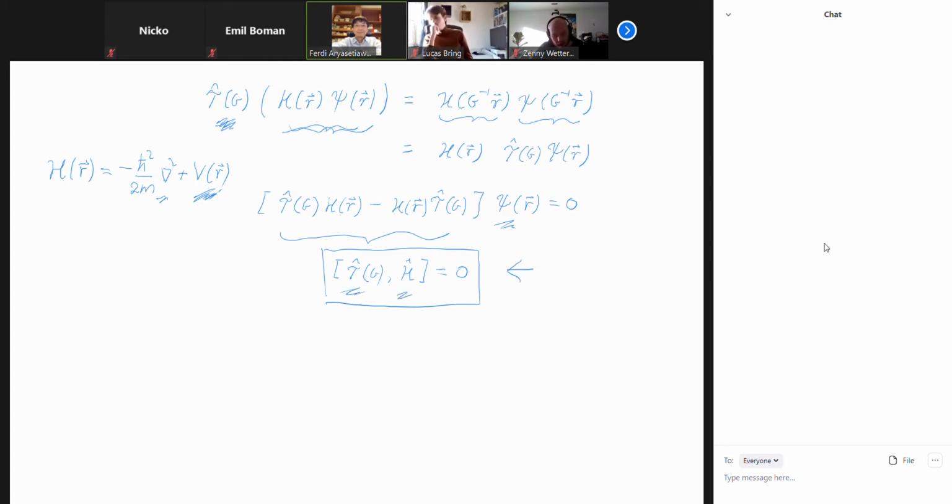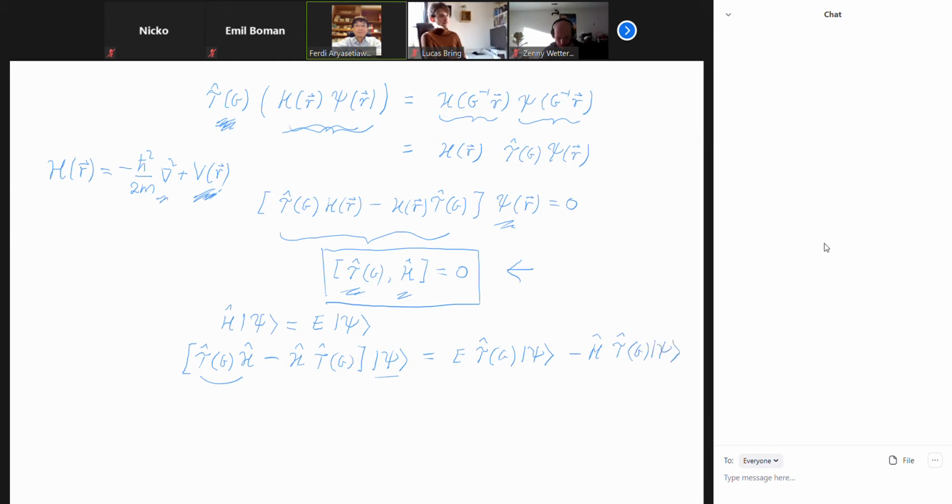So for example, if we consider the Schrödinger equation, let's say that psi is an eigenstate with energy E. Then if we do this, that one acting on that one just gives me E psi minus H psi, like that.